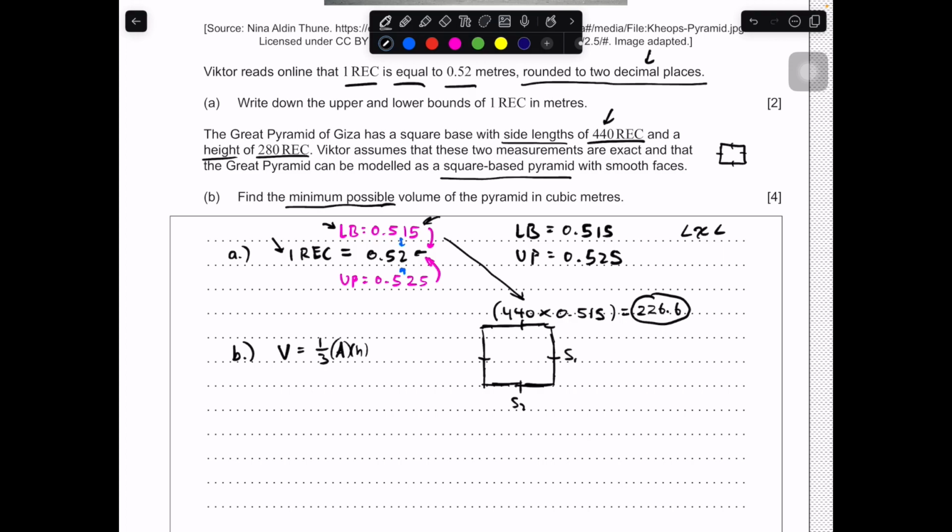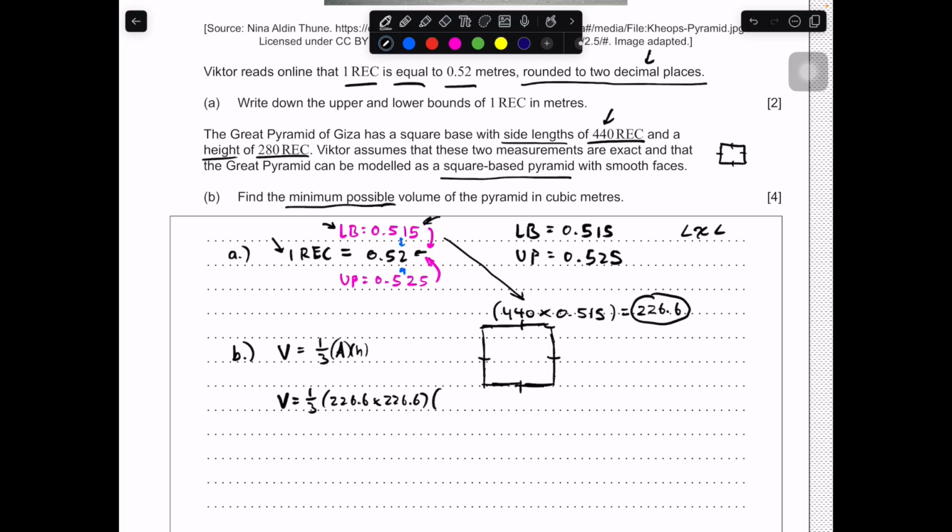So let's go ahead and write out the area of the base. Volume is equal to 1 over 3, and then area is going to be 226.6 squared. So that's the area of the base.